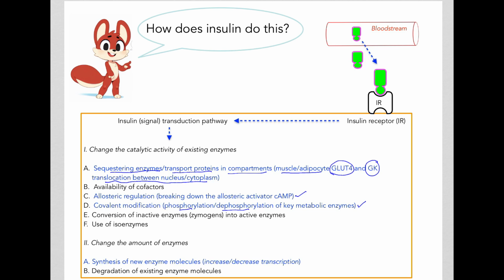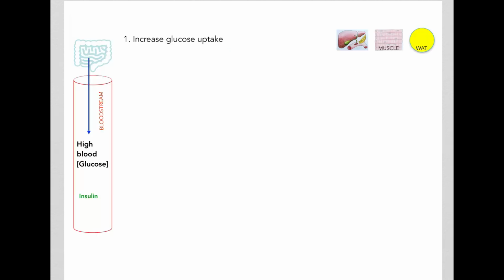And we'll see examples of how insulin can change the concentration of existing enzymes and proteins, especially by increasing or decreasing transcription of that protein. Let's first see how insulin stimulates glucose uptake by cells in the liver, muscle, as well as white adipocytes.